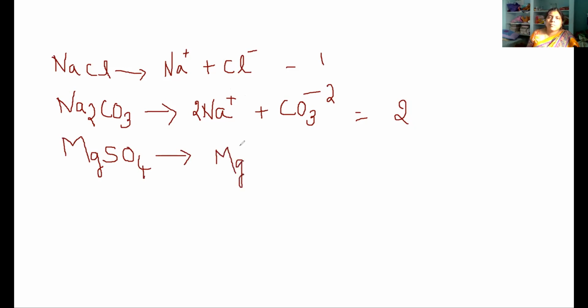Mg plus 2, SO4 minus 2. So what is the charge here? Here also plus 2 charges, minus 2 charges, 2 negative charges, 2 positive charges. So total charge on cation or anion is 2. And next, CaCl2.